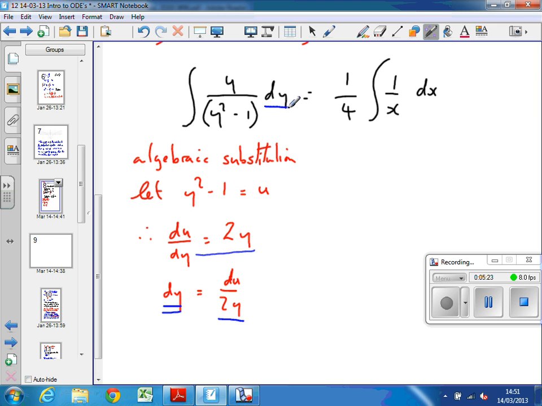Then, instead of dy here, we write du over 2y, and we hope that when we do that, the y's cancel, which they're going to do.